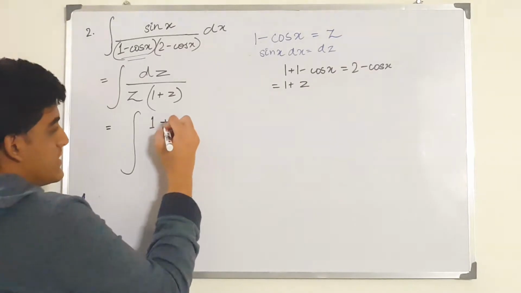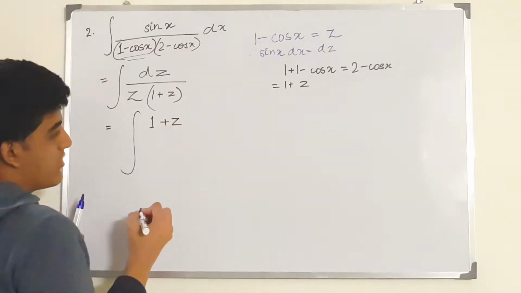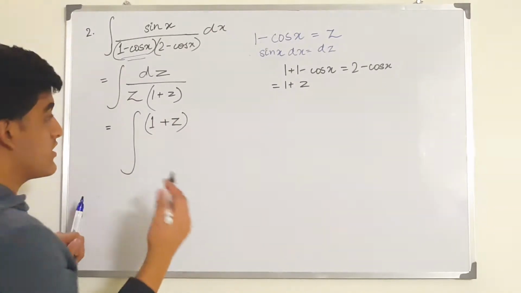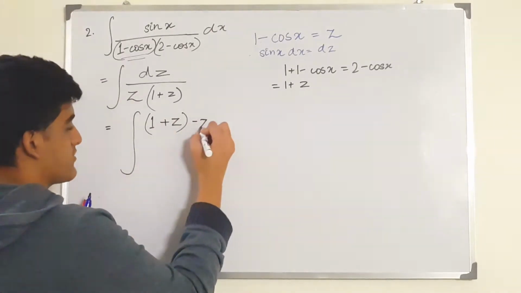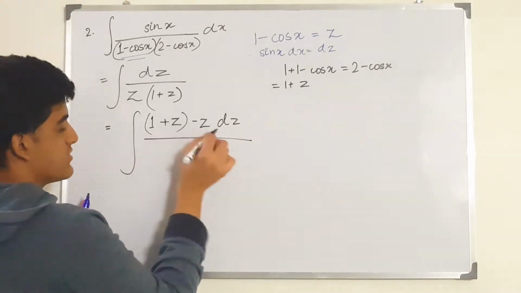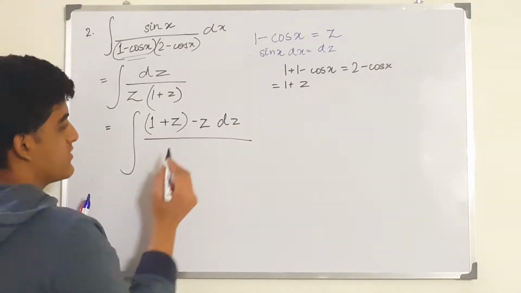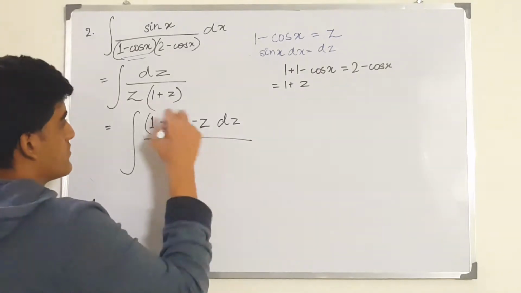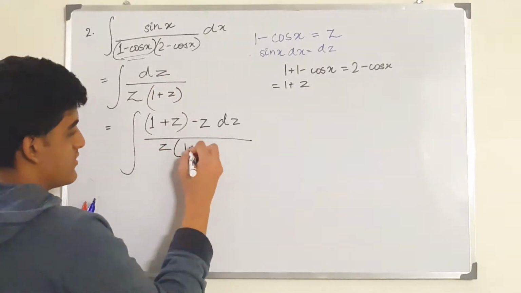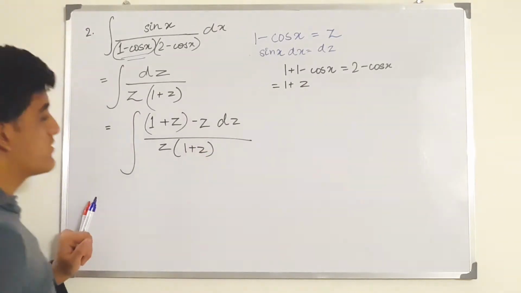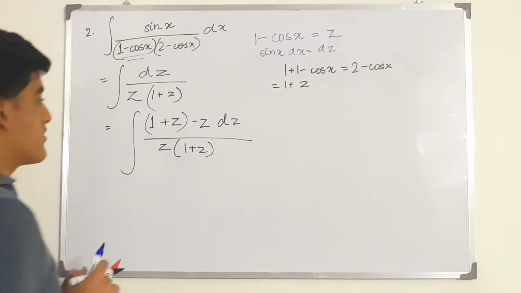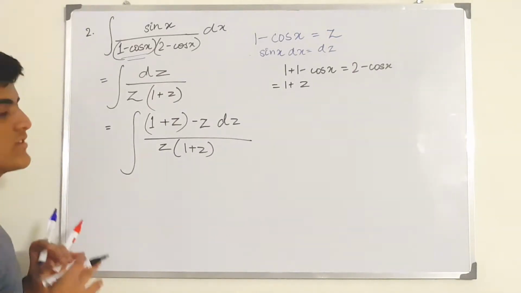We can add z to the numerator, which would make it unbalanced. So we can just subtract a z. It doesn't really matter, it's the same. 1 plus z minus z is 1. So it's the same as this. But this is a lot easier. This is an easier method to get closer to the answer faster.